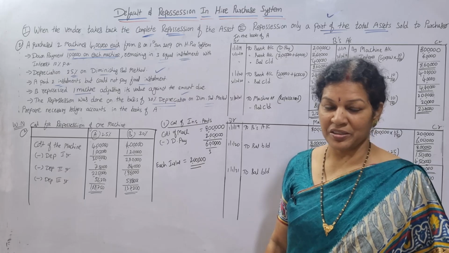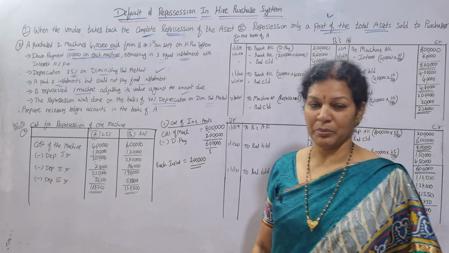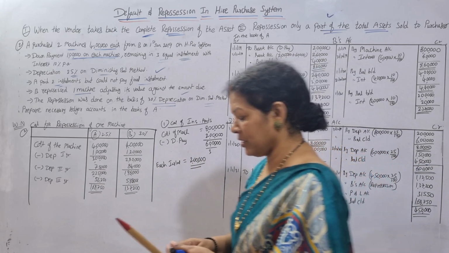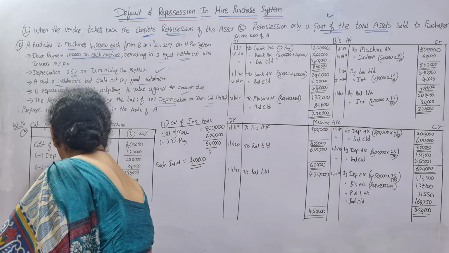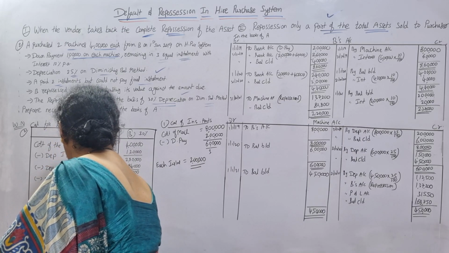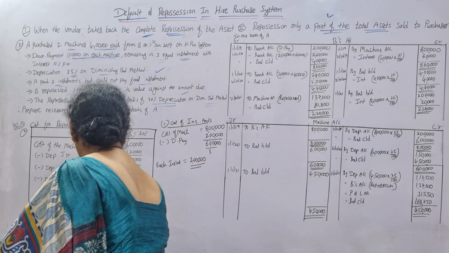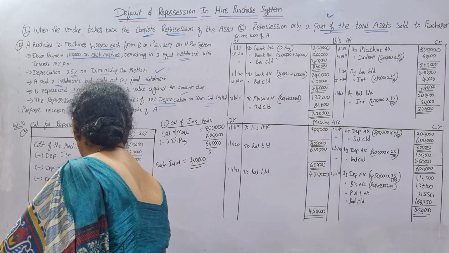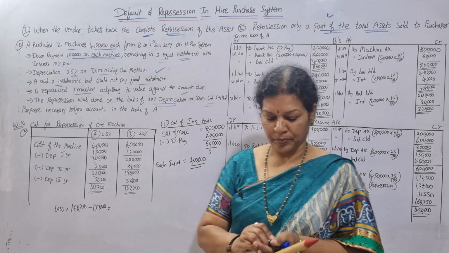Loss we are going to consider later. Right now we have done these two working notes. Am I clear? Or if you want, you can say it here only. Loss: 1,68,750 minus 1,37,200. Whatever we get, that will be the loss. Just remember this.